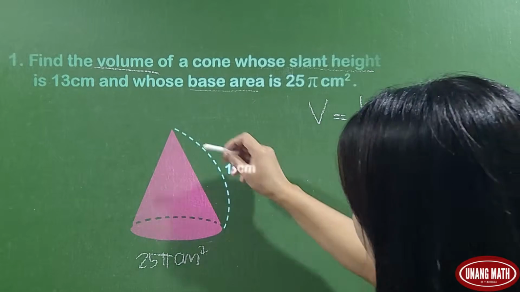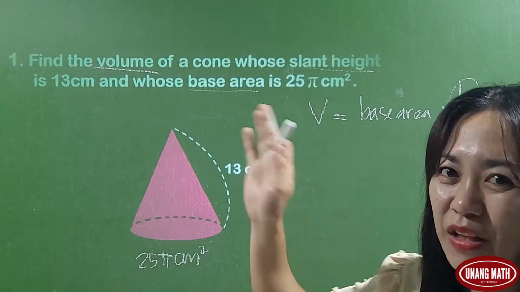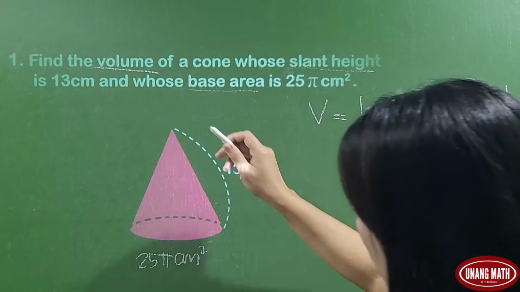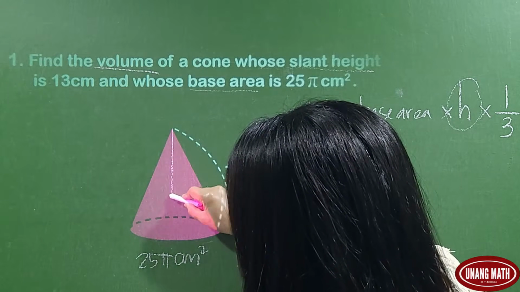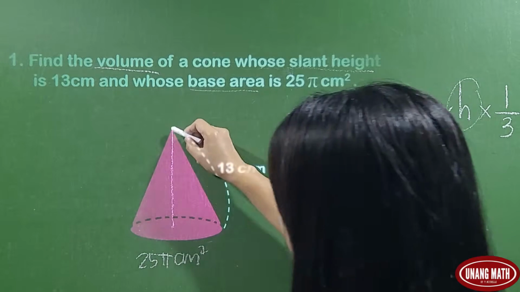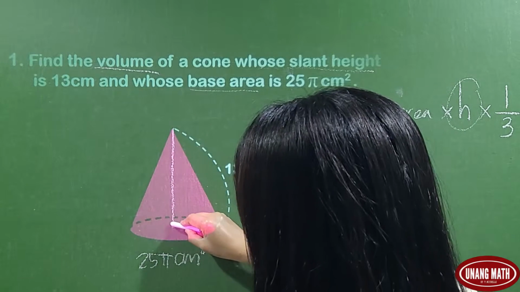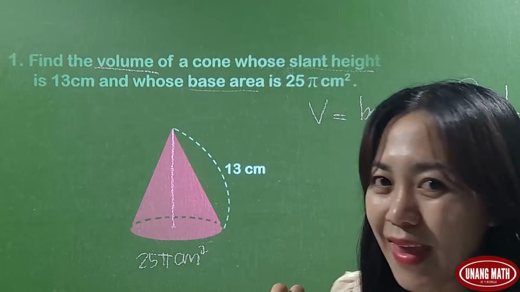Take note, this 13 centimeters is not the height of this cone because the height of a cone must be from this point perpendicular to the base of the cone. So this is the height of this cone, perpendicular to this base.